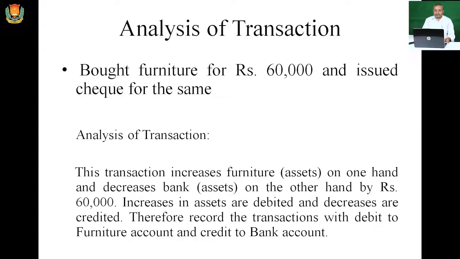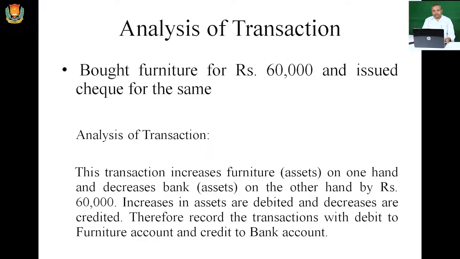Furniture, on the one hand, and decreases another asset. And every transaction will have at least 2 accounts. It doesn't mean either it will have personal and real, or real and nominal, or personal and nominal.